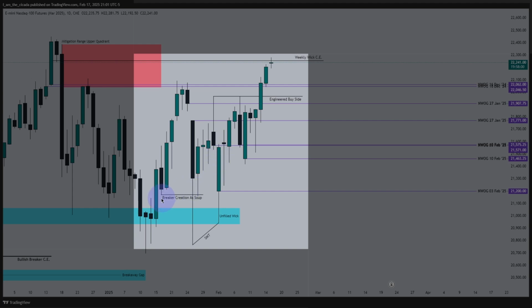Notice, we still did not close below this gap here. Bullish order flow is still being respected. The problem is, bearish order flow is also being respected. We have to use context, and we have to use time to confirm which one is going to hold throughout conditions.